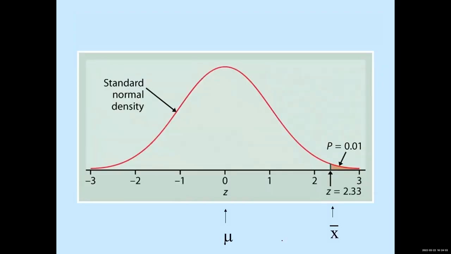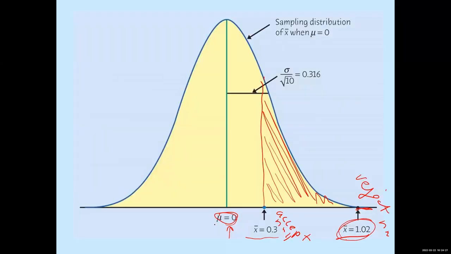Right, so when we have any data and any hypothesized value, we want to convert it to the standard normal distribution so that we can find these probabilities using the normal distribution, right? So we have this mu in our hypothesis, and then we have this X bar.